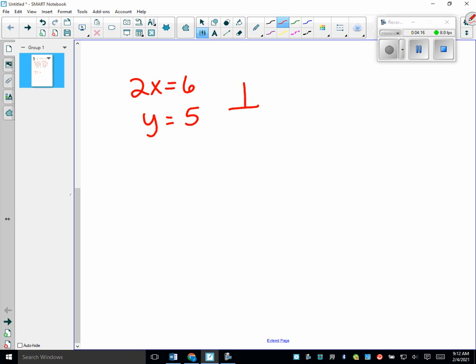Okay. This time, I want you to write an equation of the line that passes through the point 2, 5, and is parallel to 2x plus y equals 6.